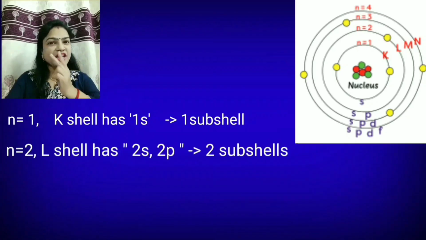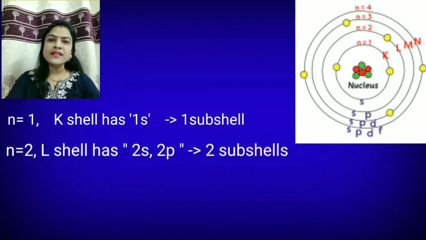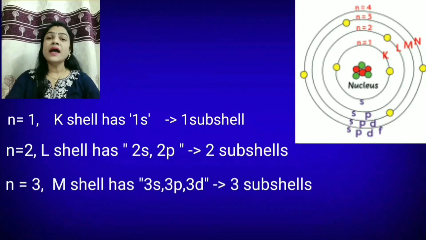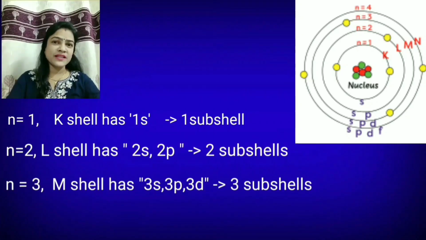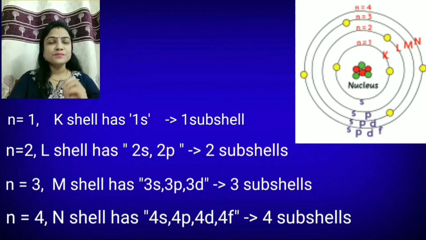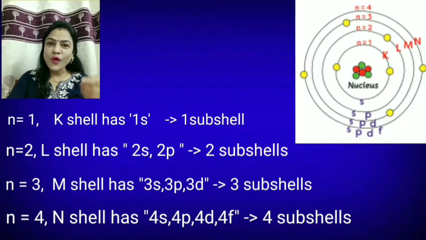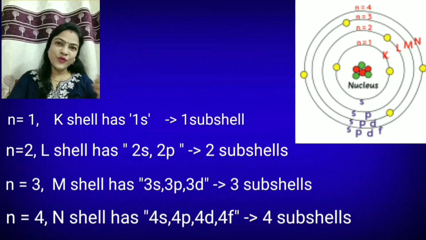Similarly, the second shell, L shell, has two subshells, that is 2s and 2p. The third shell, M shell, has three subshells, that is 3s, 3p, 3d. Similarly, the fourth shell, N shell, has four subshells, like 4s, 4p, 4d, 4f.